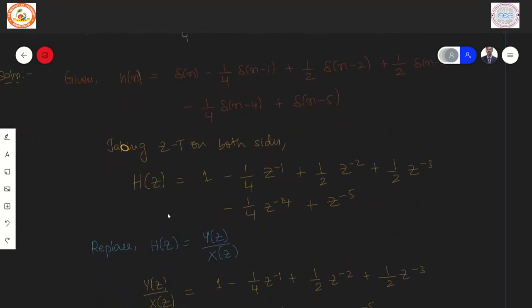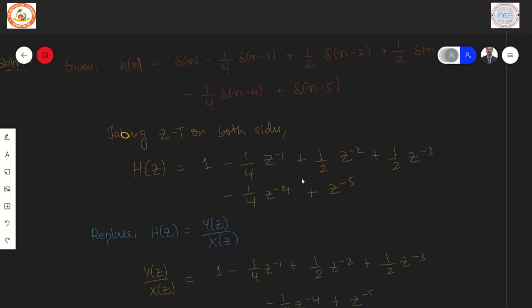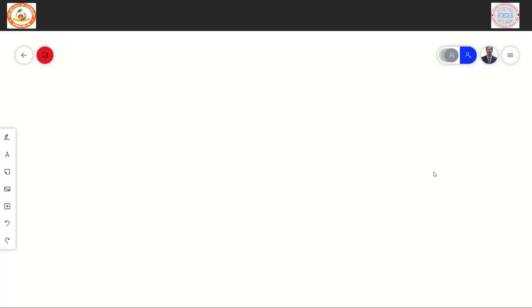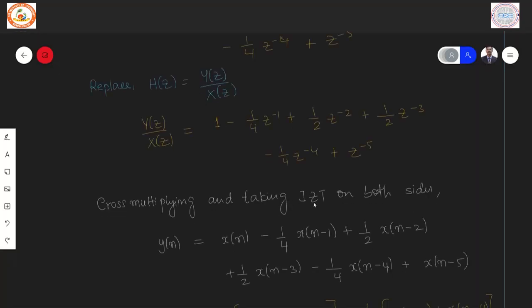Next, in place of H of z, we substitute Y of z by X of z. After doing the substitution, the next step is cross multiplying. X of z is multiplied with each of these terms, and on the other side we have Y of z.